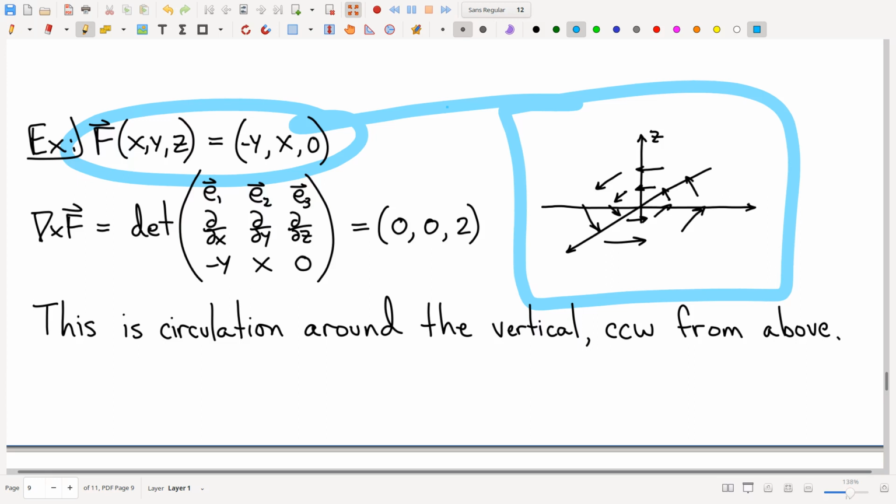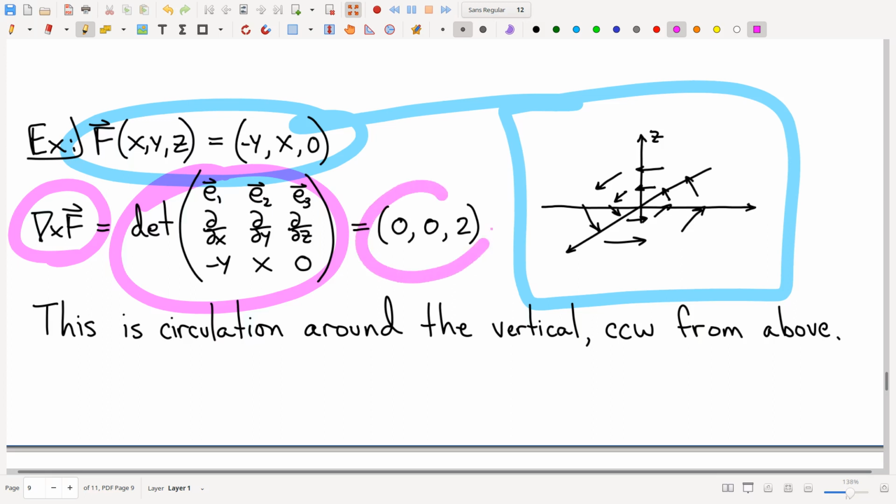Okay, so let's test the claim. Does curl, aka this formula, does it tell me an axis that this fluid is kind of rotating around? And in any sense, does it track with how fast things are sort of rotating? And well, again, you can just compute out that expression. You get 0, 0, 2, which you'll notice is a vector that points straight up.